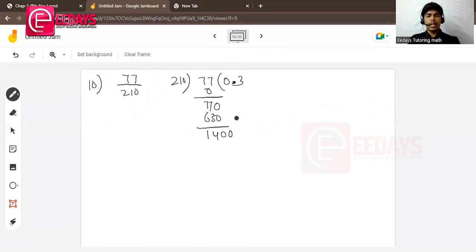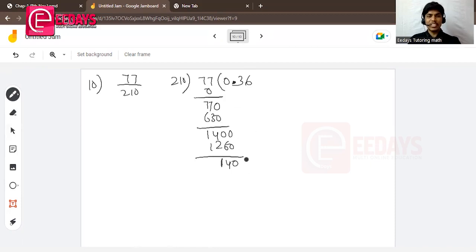Now 210 into 7 gives 1470, so let's try 210 into 6. We'll get 1260, again remainder 140.